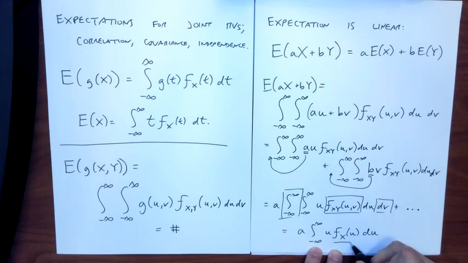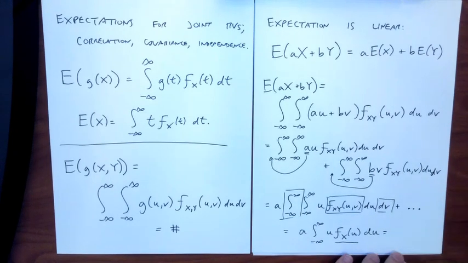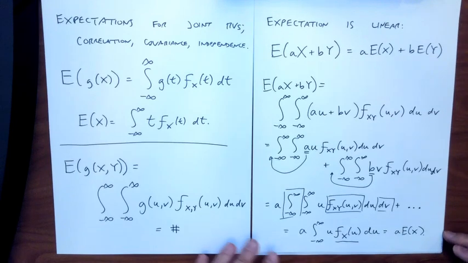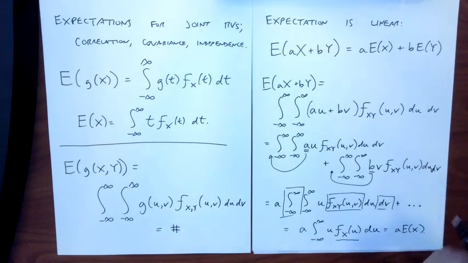What I end up with is just the marginal PDF of x, and then this u times this PDF is what we defined as the expected value of x, right? So you can kind of see that everything works out as it should. And then just in the same way, there are, oh, so let me pause and ask questions or comments about this basic idea. I mean, really everything that we do today is just stemming from this definition, which is something that you should already kind of get a sense of from how we defined PDFs before.